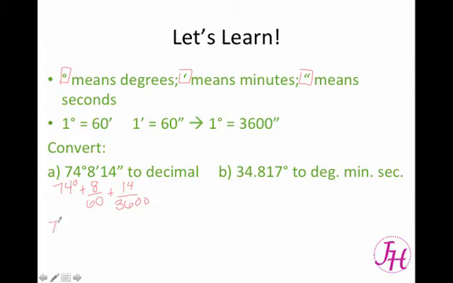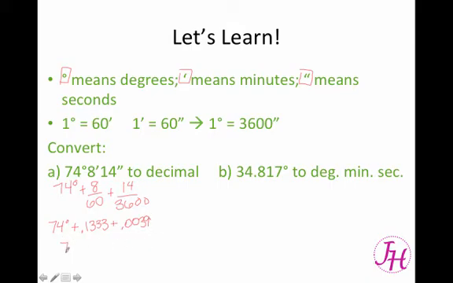So then we do the computation there, and 8 over 60 is 0.1333. And 14 divided by 3,600 is 0.0039.